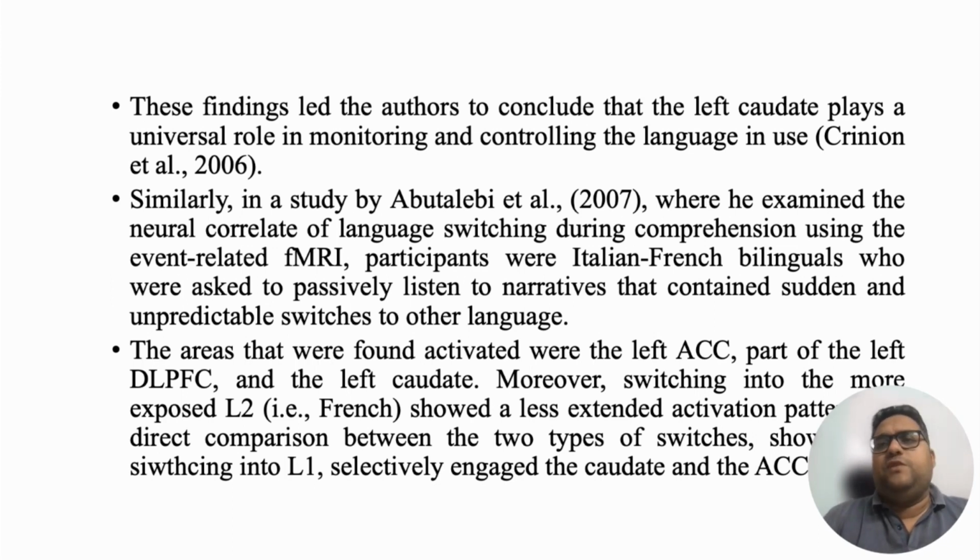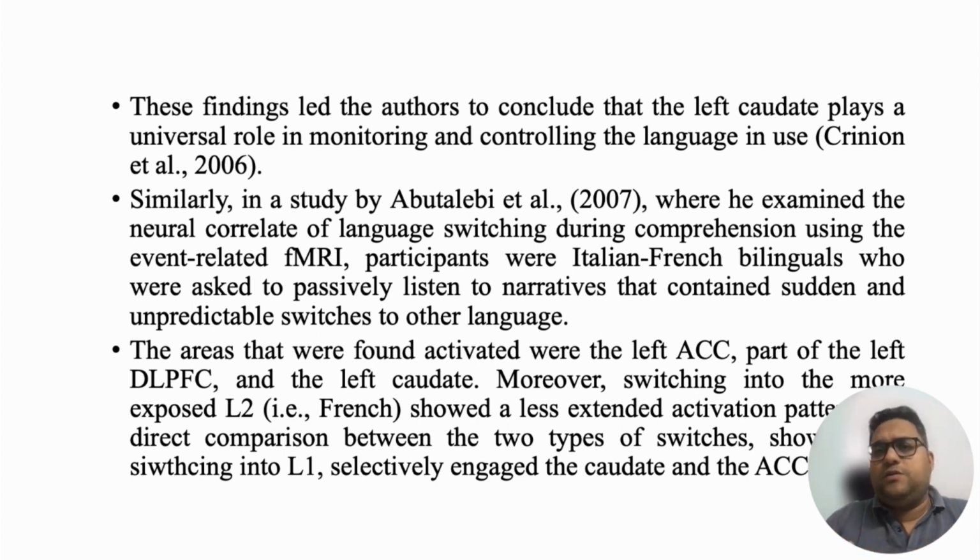And these kinds of results were also supported in another study by Abutalebi and colleagues, where he examined the neural correlates of language switching during comprehension using event-related fMRI. The participants in his study were Italian and French bilinguals who were asked to passively listen to narratives that contained sudden and improbable switches to the other language.